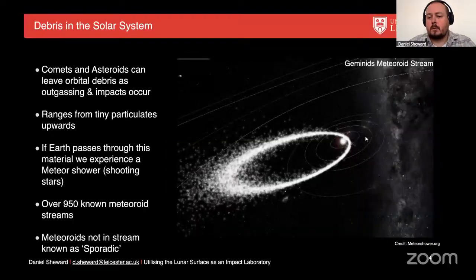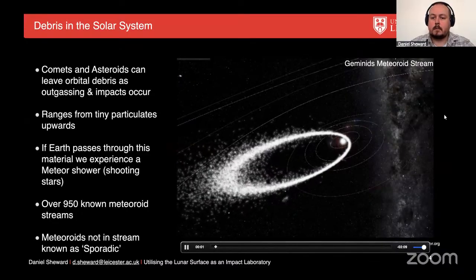Some of the smaller material that I was talking about is generally from things like comets and asteroids that have orbits that come close to us. As comets come near the sun, they get heated and outgas. That outgassing can throw out material, and that material essentially litters the orbit of the comet.